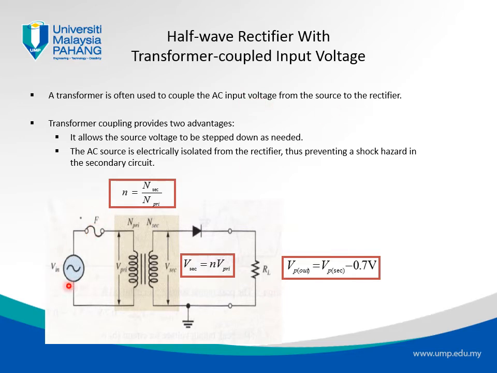So we separate the input from the wall socket from the application that we want to use, or from the rectifier itself, right? So the isolation is made by a transformer. And transformer is a chapter that we've seen before. So basically, we don't introduce any other complication or complexity.